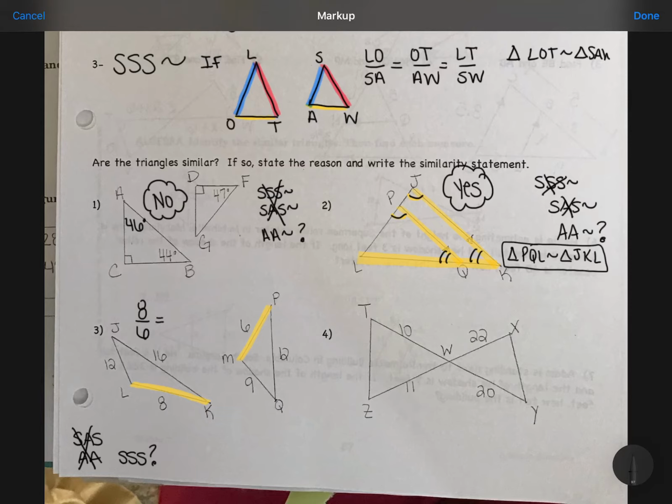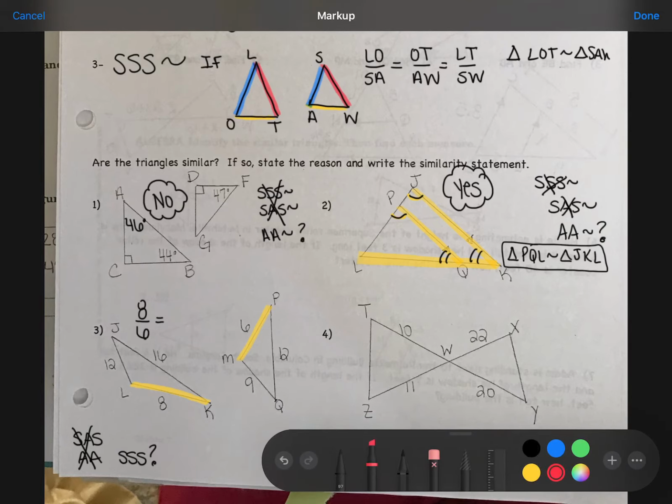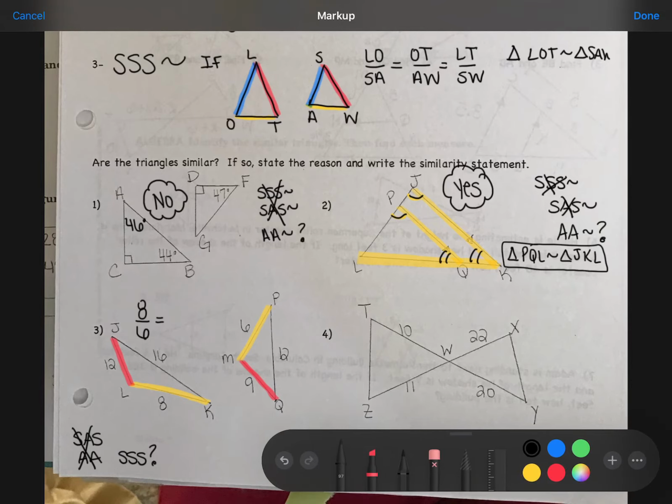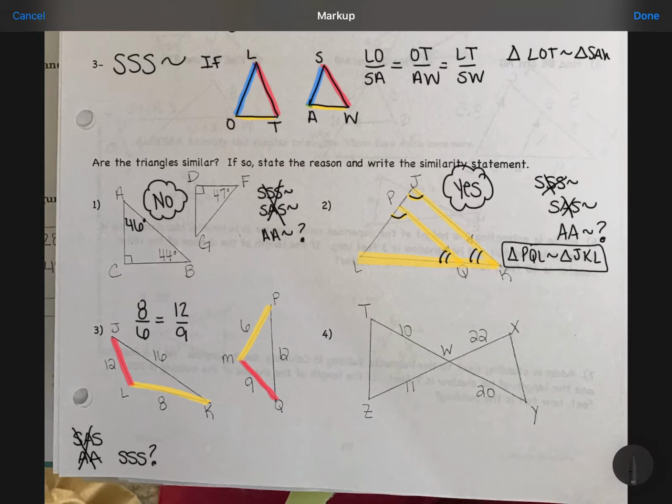8/6, and then find the next shortest leg, or the middle-sized leg, which is 12 and 9. So now I'm going to say 12/9. I'm just doing my first triangle to my second triangle, and that would leave 16/12. And you can use a calculator to see what these are as decimals.